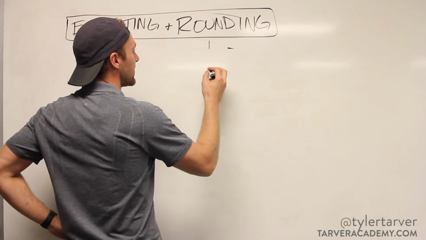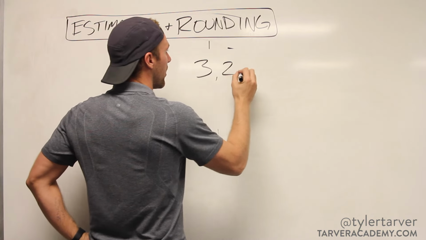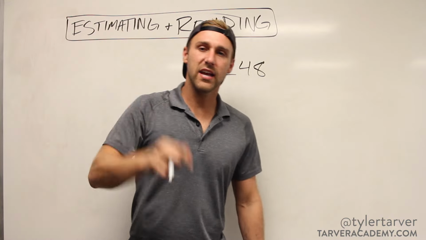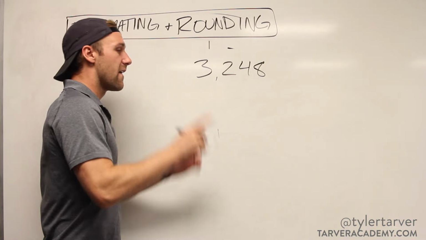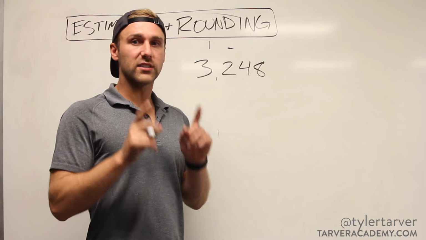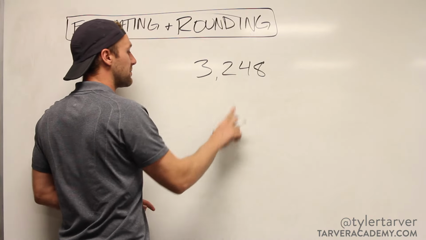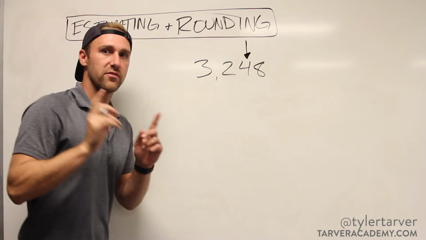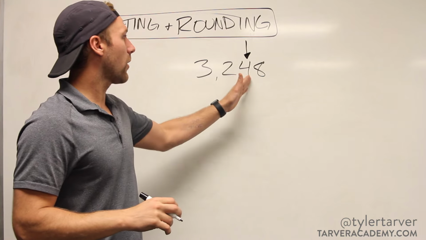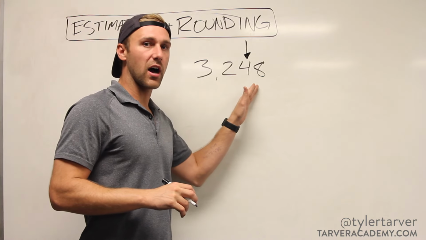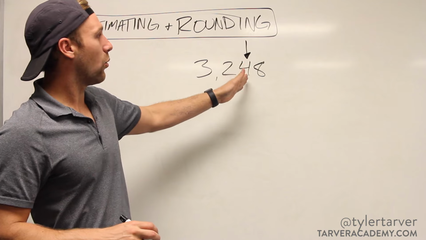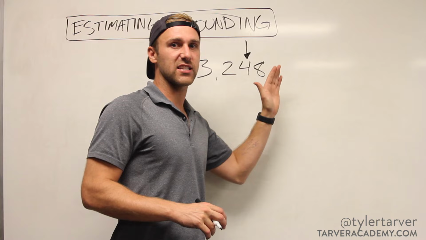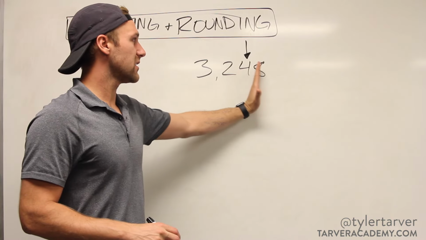Let's say you've got 3,248. All right, and you want to round it to the nearest 10 spot. First thing you need to do is see what spot you're talking about. If we're talking about our 10 spot, that would be right here. If you don't know what I'm talking about, check out the place value video. Now, in rounding to that spot, we want to look at whatever number is right behind it, whatever's closest to the decimal from where we are. 8 is behind it.